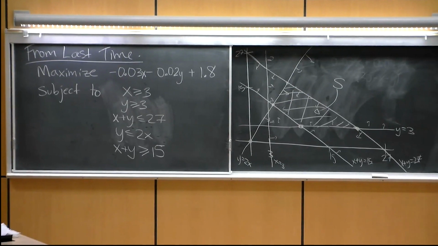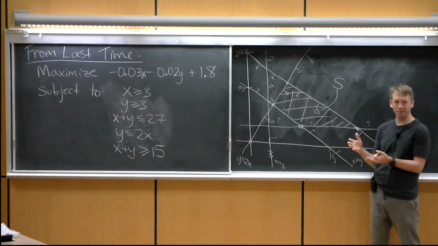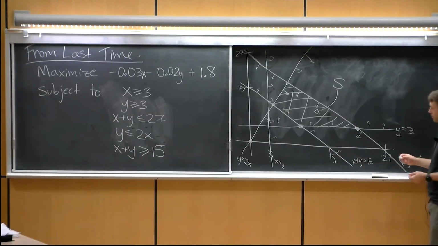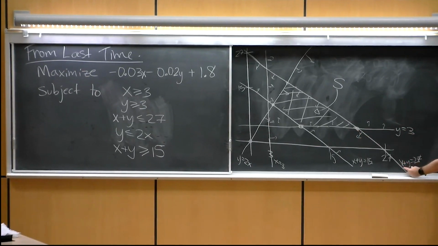Okay, so some people said there were 4 corners. Is this roughly what the picture looks like that you drew? Okay, so now we've got to find these corners. Some of them are easier than others, like this is y equals 3 and x plus y equals 27.